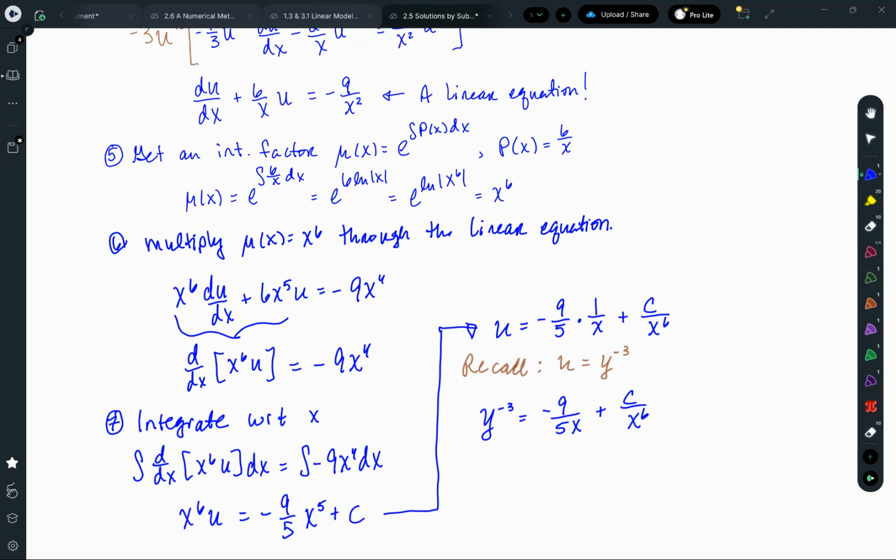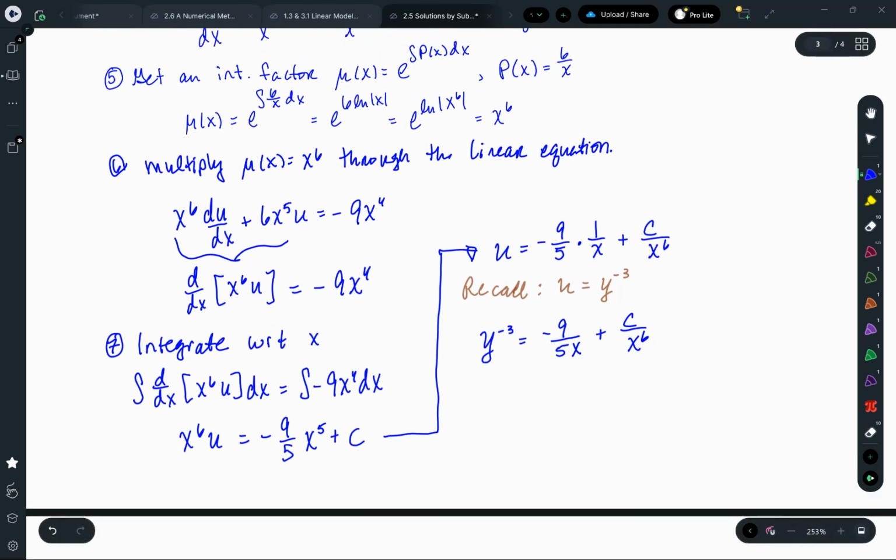Well, maybe I should go a little bit further just to show the algebra. If I want to rewrite this as 1 over y cubed and then solve for y cubed, I need the right-hand side to have a common denominator and be just one fraction.